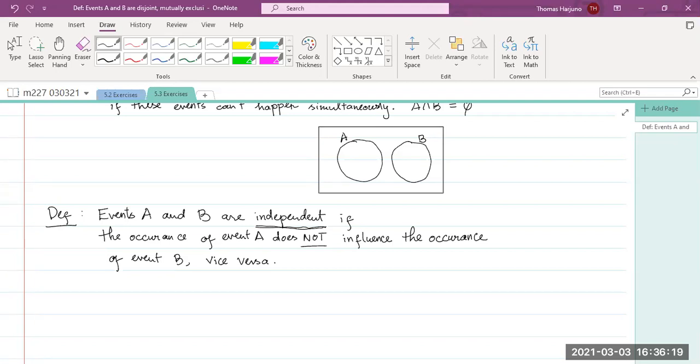Okay. In our daily life, for example, these two are independent events. Like I toss a coin and roll a die. Do I need to tell you what I get when I toss a coin for you to decide the probability of you getting, let's say, a 3 when you roll a die?